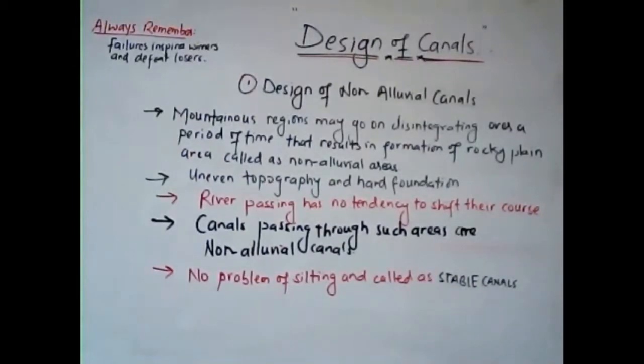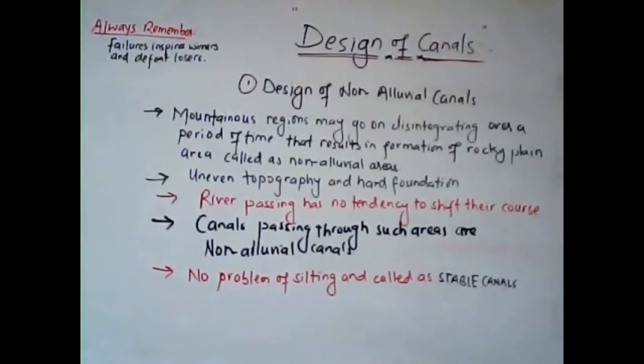You have the mountainous regions that may undergo disintegration over a period of time, forming a rocky plain area. Such a rocky plain area is called a non-alluvial area. These non-alluvial areas have uneven topography and hard foundations, and the river passing through such areas has no tendency to shift its course.